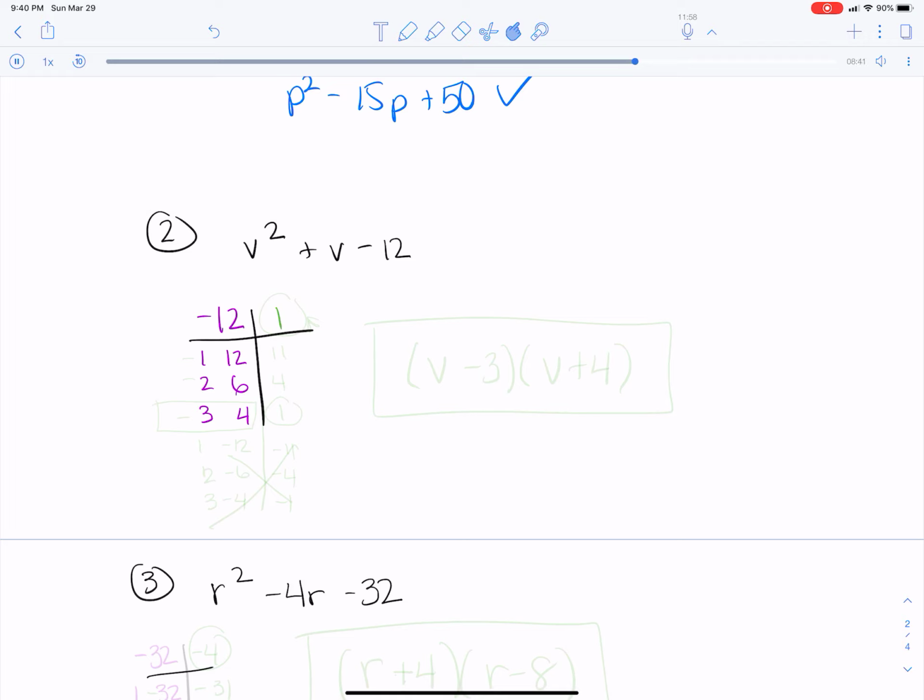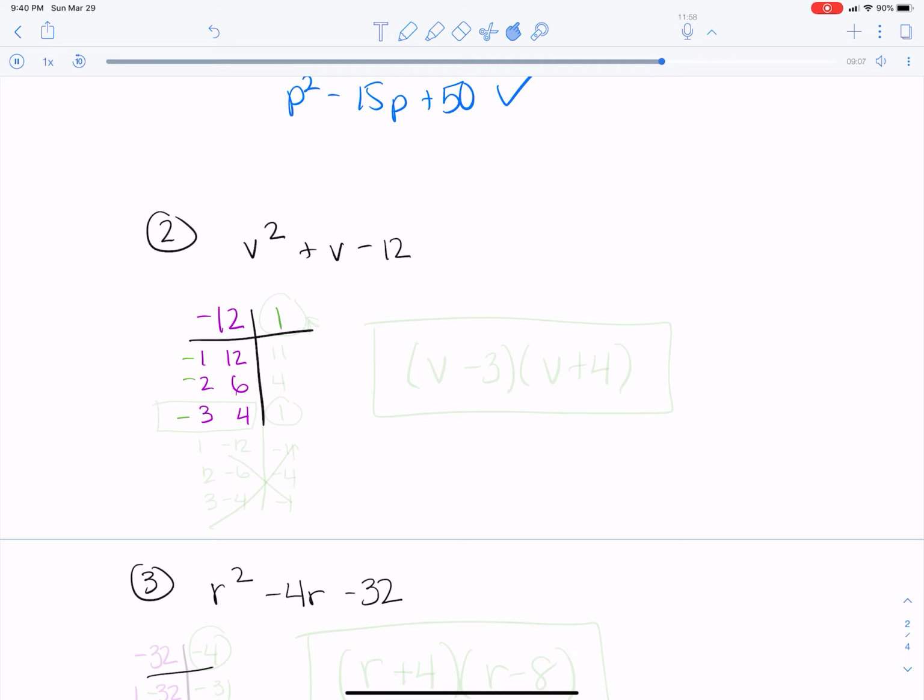Now we have to look at the signs of our coefficients. So they have to multiply to a negative 12, but add to a positive 1. So that means one of these two signs is going to be negative. We have to figure out which one is going to be negative. All right, so let's look if all my smaller numbers were negative.